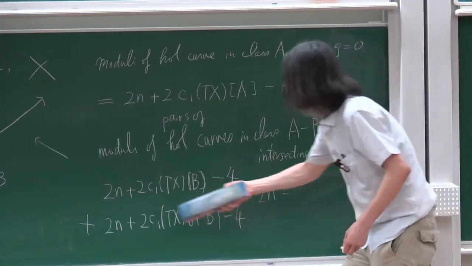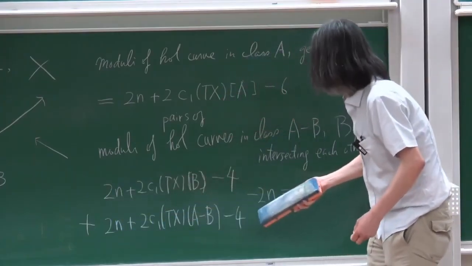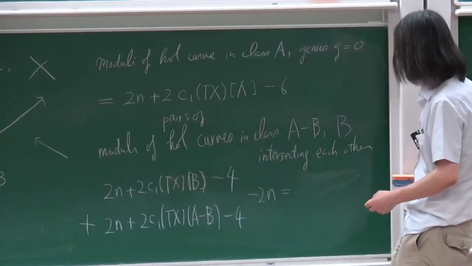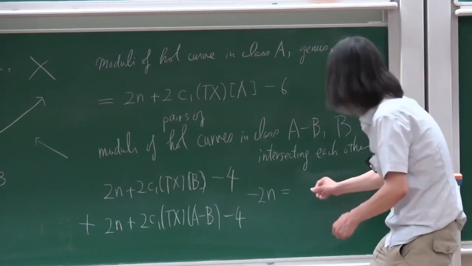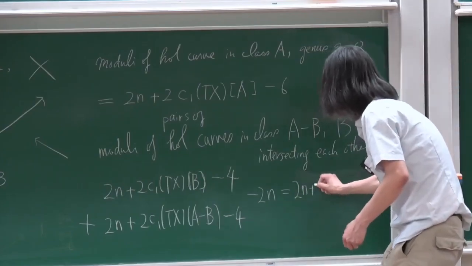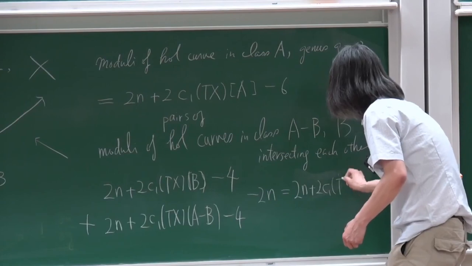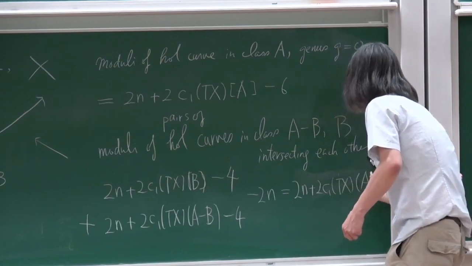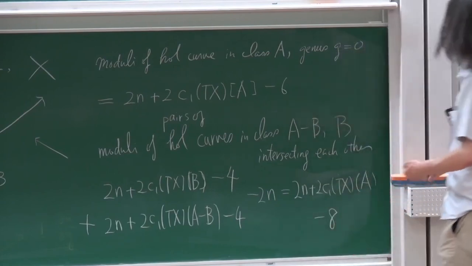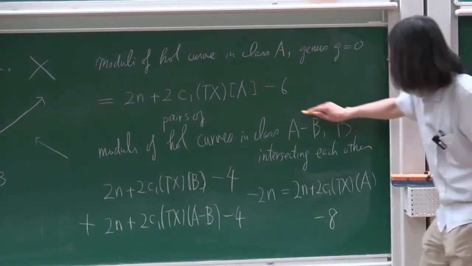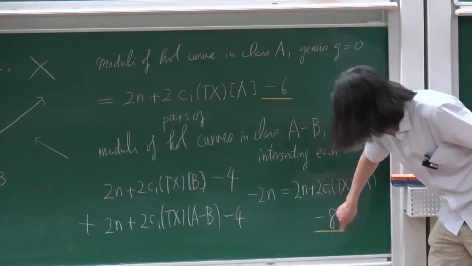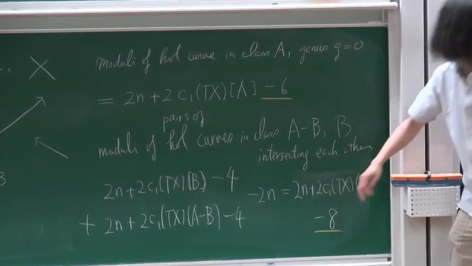So this is actually 2n plus 2c1(TX) of A minus 2, right? So therefore, if you just have an expected dimension, this dimension decreases.